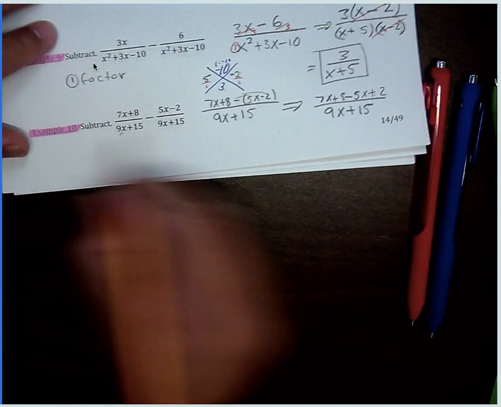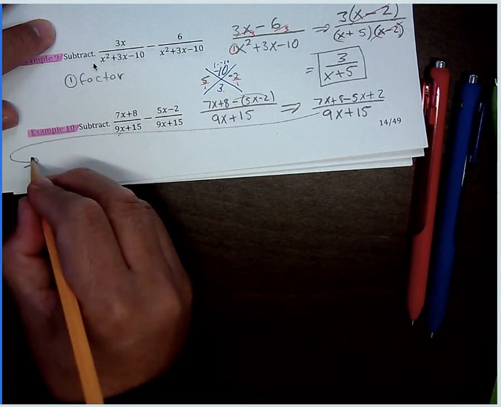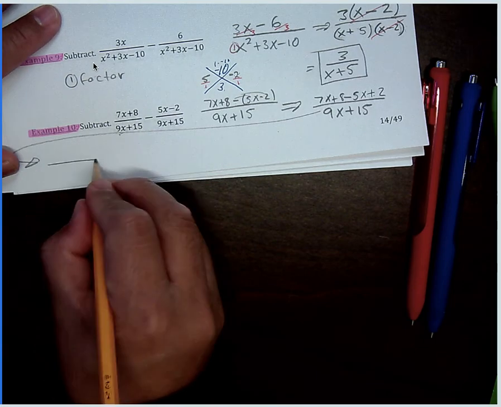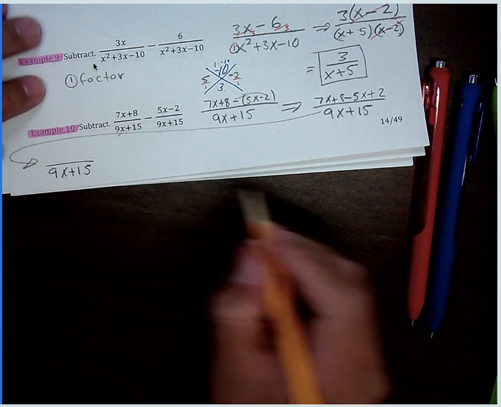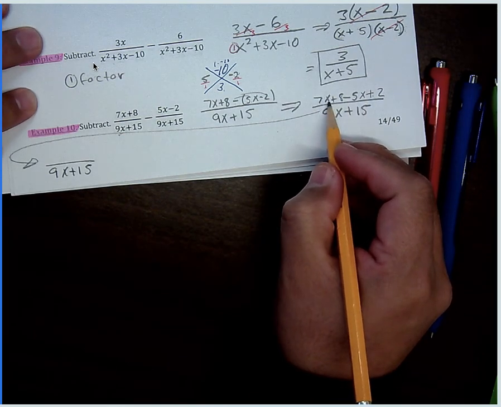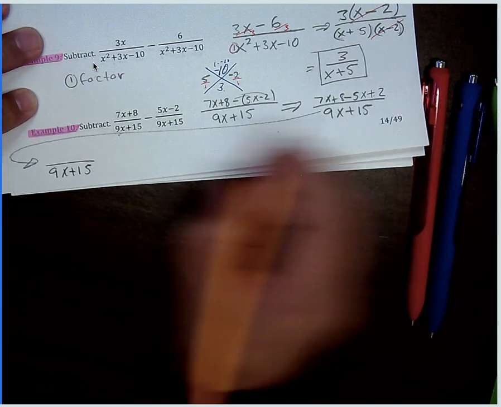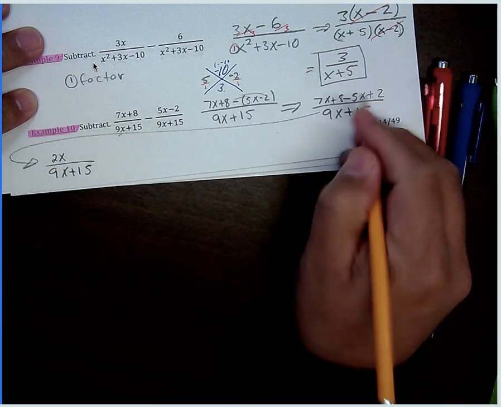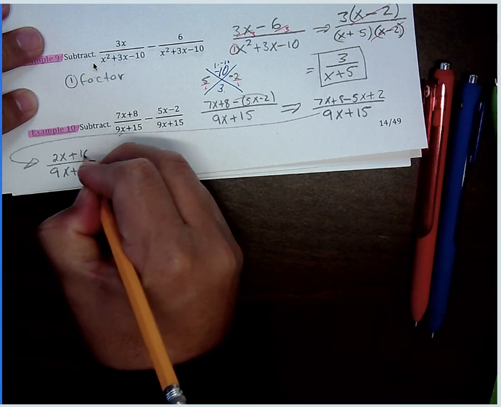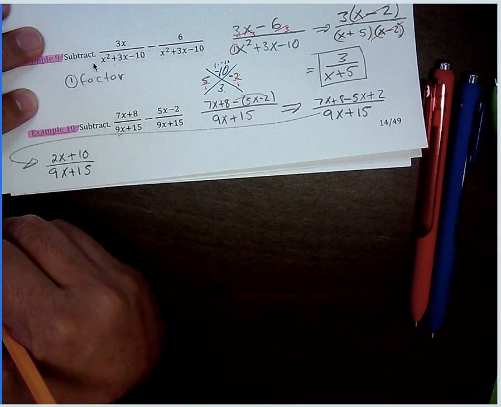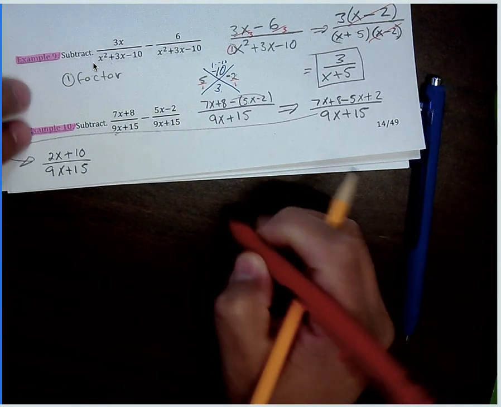Now simplify, so I'm gonna bring it way over here. So we get 9x plus 15, so 7x minus 5x would be 2x, 8 plus 2 would be plus 10. And then try to see if you can GCF something.